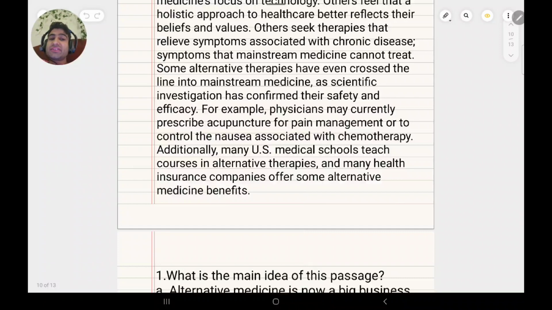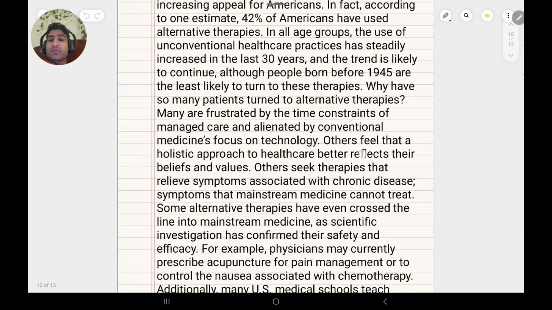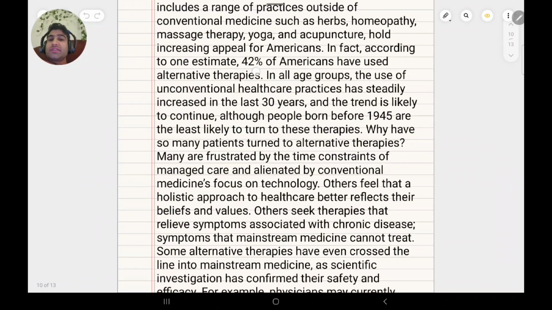Means now physicians are starting to give out acupuncture as treatment for pain management. Additionally, many US medical schools teach courses in alternative therapies. Many insurance companies offer some alternative medicine benefits. Now, as I've already told, 42% have already started using this particular alternative or unconventional method.